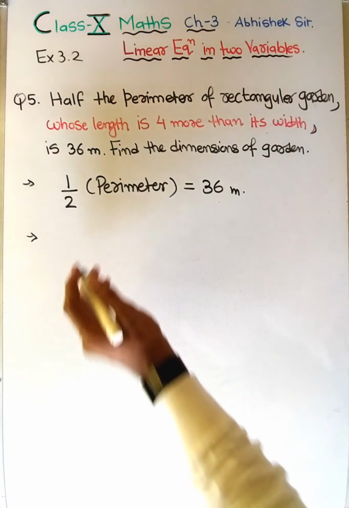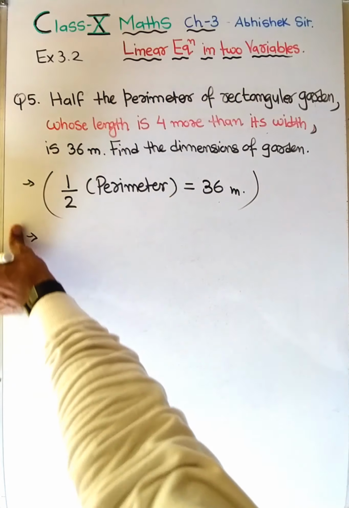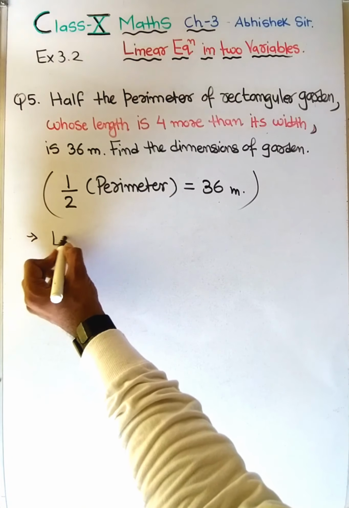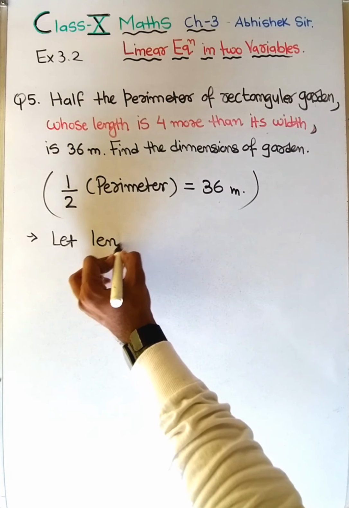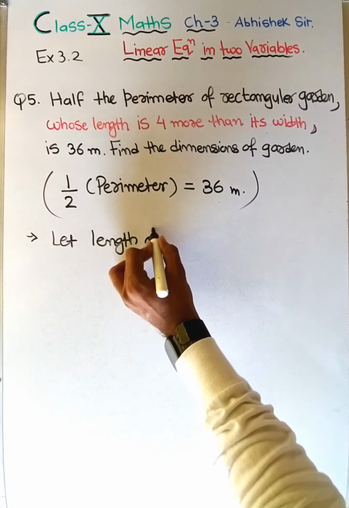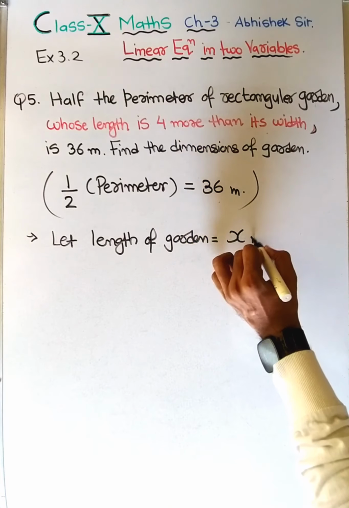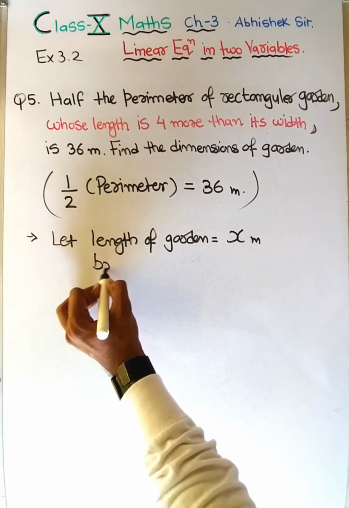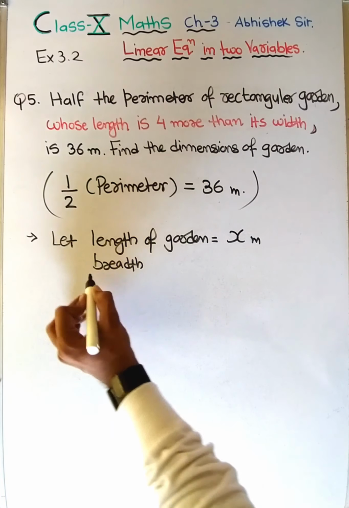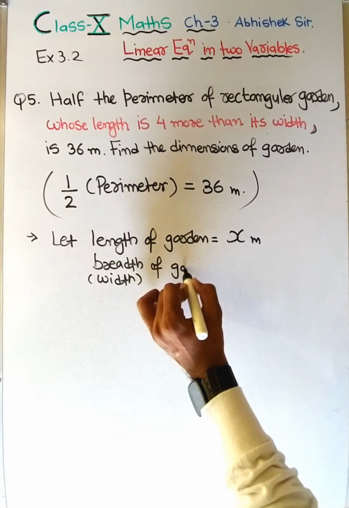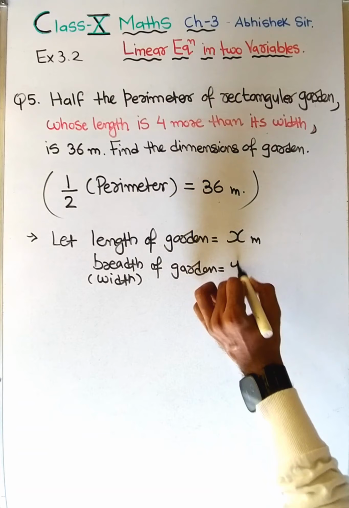So let us assume, first of all, this is our hint. Let us start our answer like this: let the length of the garden be x meter and the breadth or width of the garden be y meter.